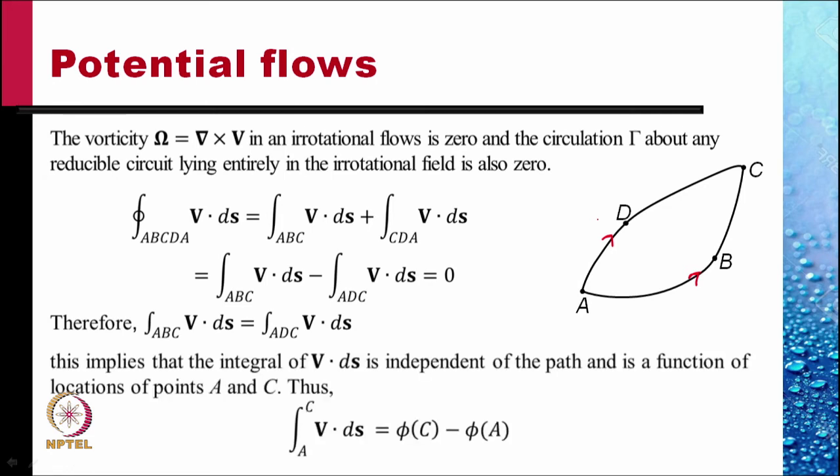Thus, it depends only on the location of the endpoints A and C, so that we can write the integral of V dot ds from A to C is equal to some function of C minus that function of A. It depends only on the locations of the endpoints, not on the path.